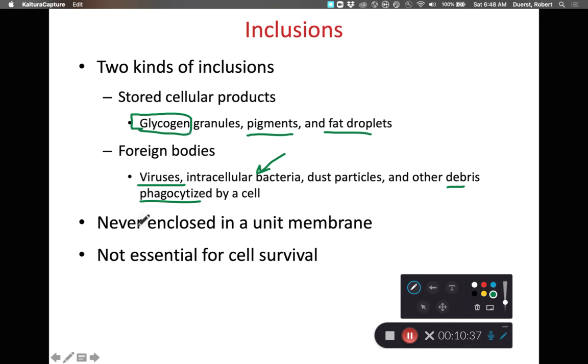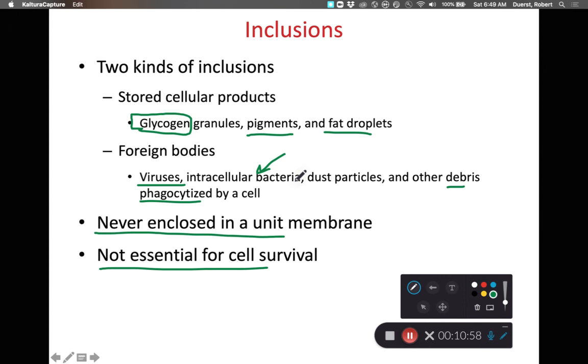We should emphasize here that it's never enclosed in a unit membrane, and it's not essential for survival. So inclusions aren't always going to be present within the cell. Pragmatically speaking, it's very difficult to tell inclusions apart from phagosomes and lysosomes.